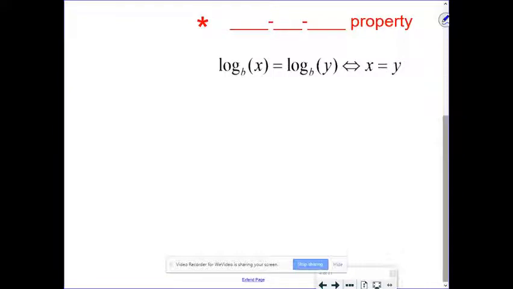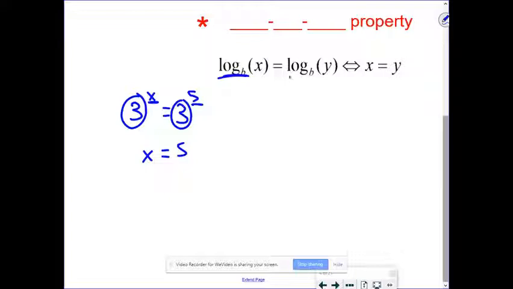And then just below that, in the star, that property is kind of an intuitive one here. We start with this idea. 3 to the x equals 3 to the 5th. Now, I hope that everybody can tell me that x is 5. Why? Well, when the bases are the same, base of 3, base of 3, we know that the exponents have to be the same. We use that same idea with logs here.